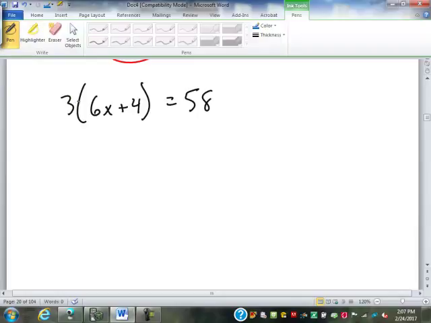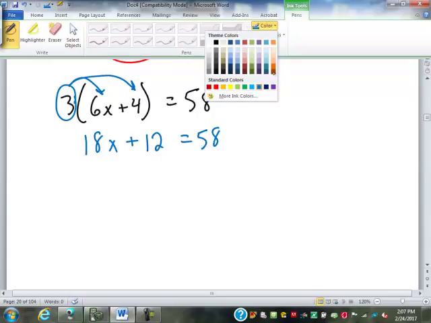Yeah, what is it? Times 3, very good. So 3 times 6x is 3 times 6 is 18, so 18x, good. 3 times the 4 is 12. So 18x plus 12 equals 58.